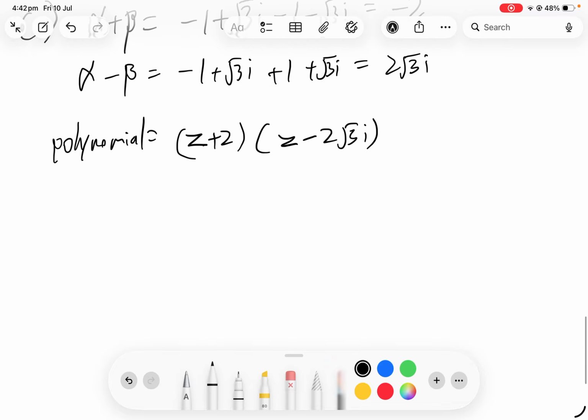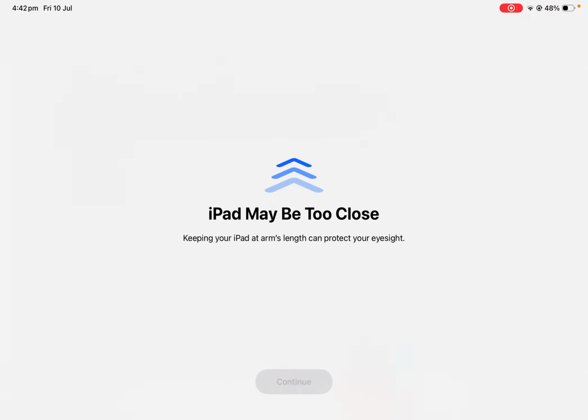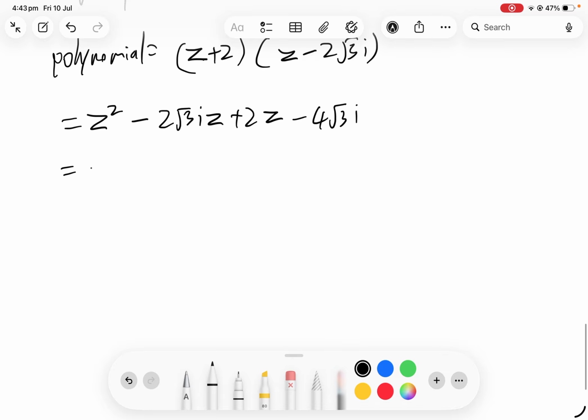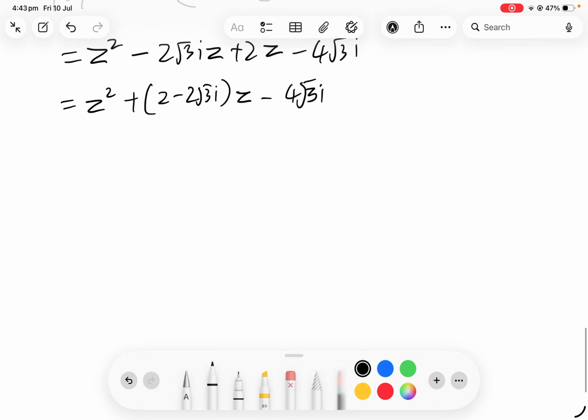And that's just equal to z squared plus 2z, well, let's do the other, so the normal ones, 2 square root 3i z plus 2z take 4 square root 3i, and that just equals z squared plus 2 take 2 square root 3i z take 4 square root 3i, and that's a polynomial.